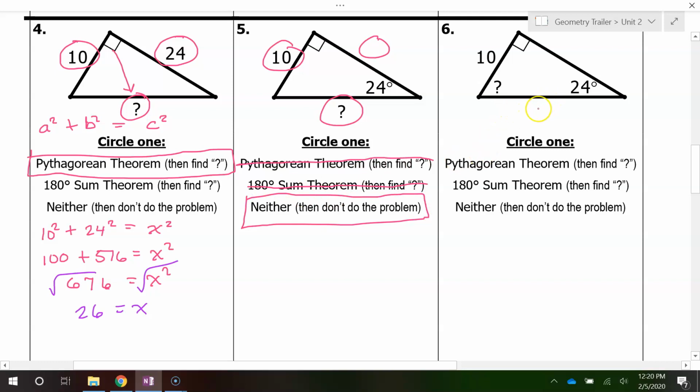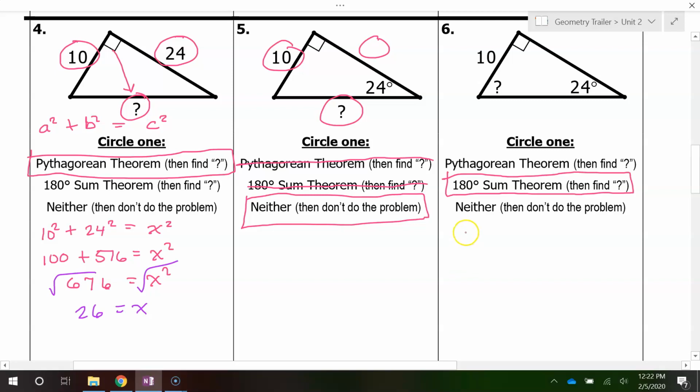How about problem number 6? Well, for problem number 6, we are looking for an angle. Luckily, we are given both of the other 2 angles. So we can use the 180 degree sum theorem. All 3 of these angles have to add up to 180.